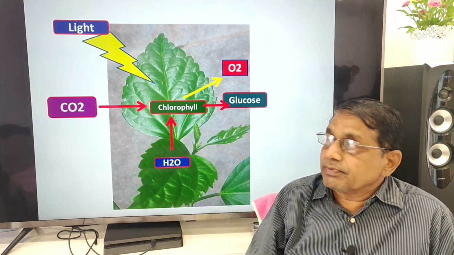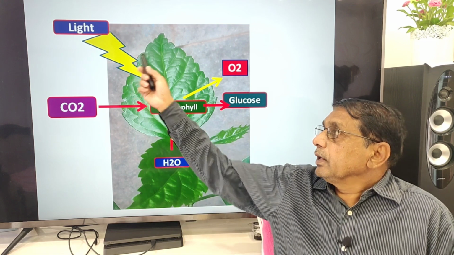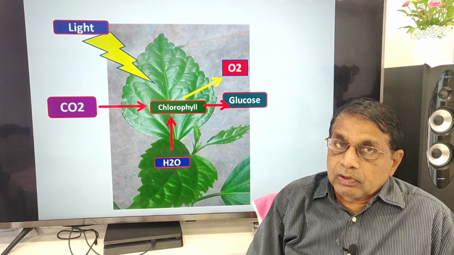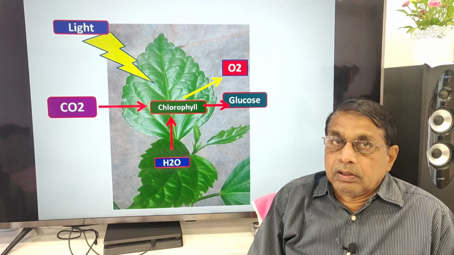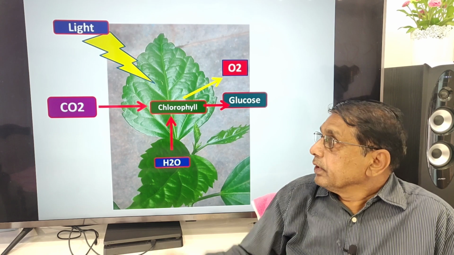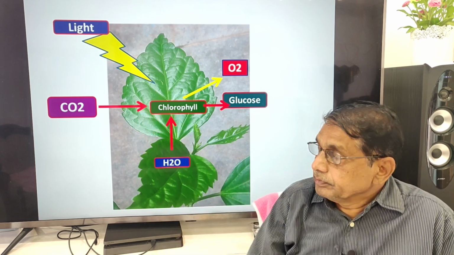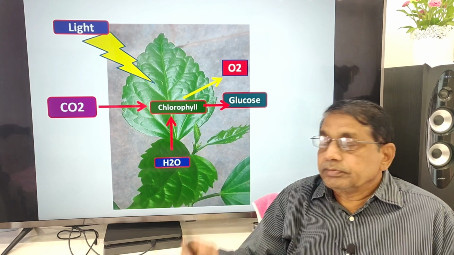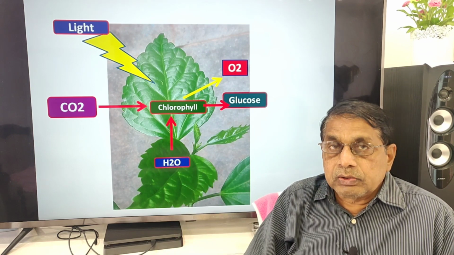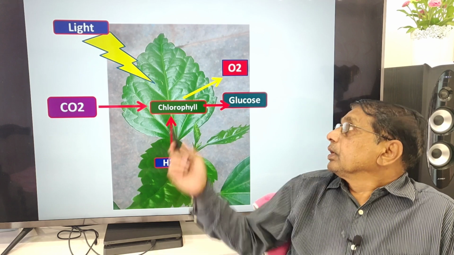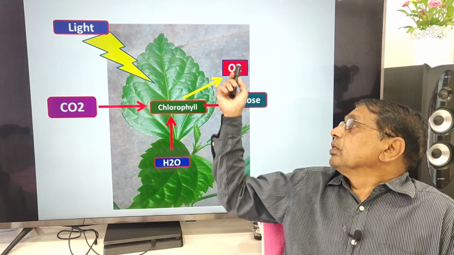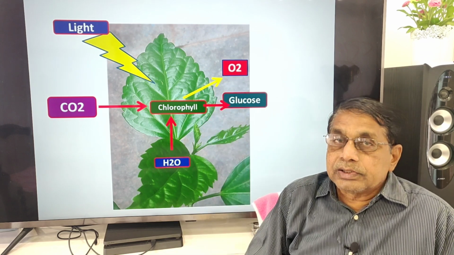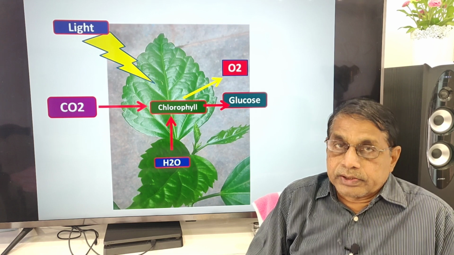CO2 comes from the atmosphere, light energy is required, and water is taken from the soil through the root system. Then glucose molecules and oxygen are released as the byproducts.